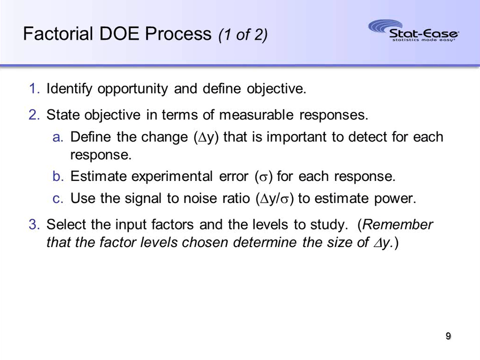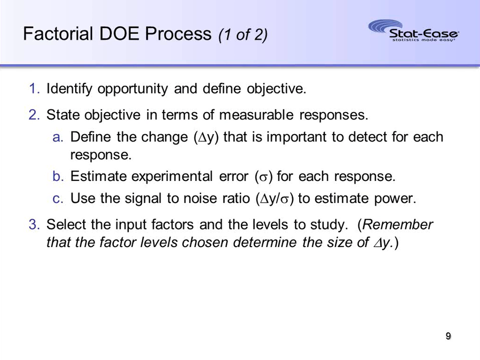The third step, of course, is to put in your input factors and the ranges, the levels that you want to study. Those factor ranges will dictate how big of a change in the response occurs.